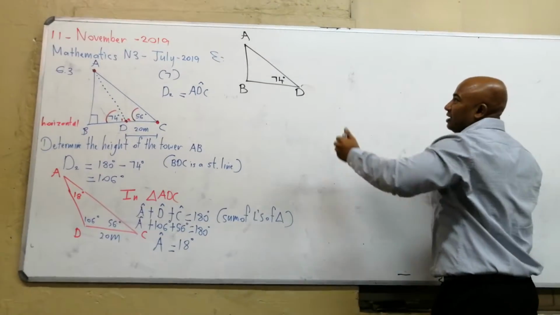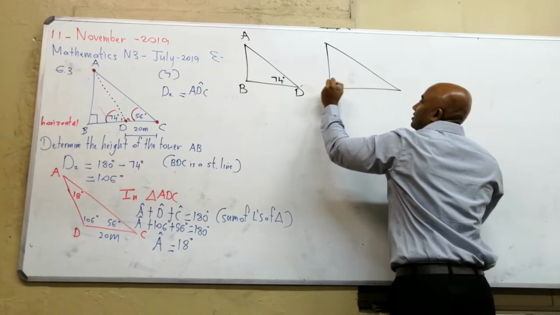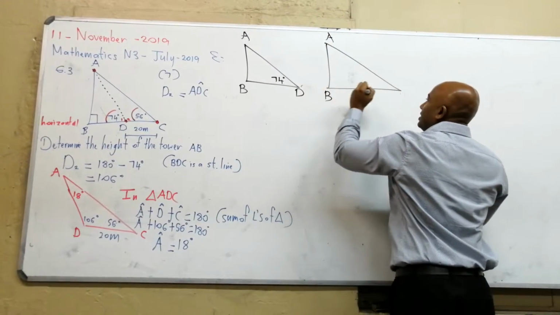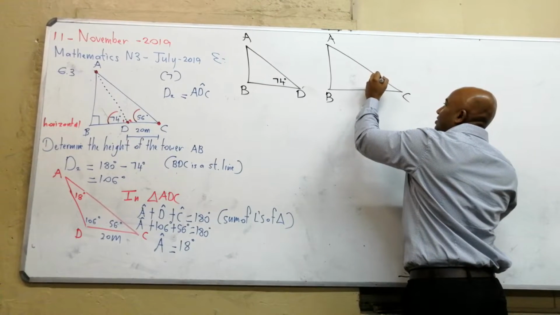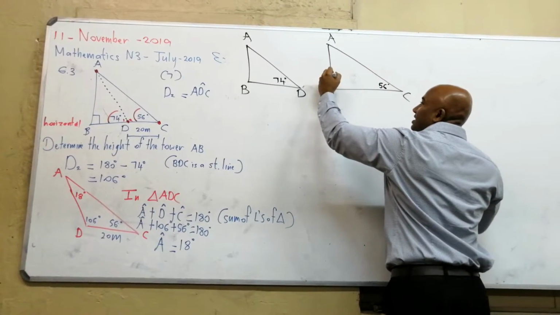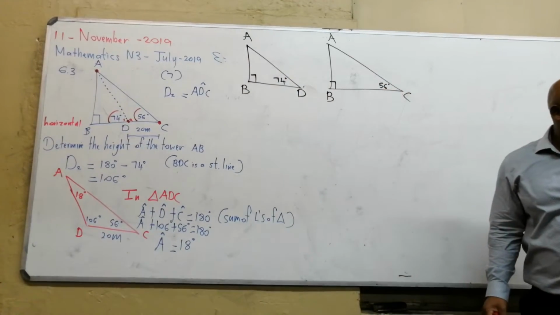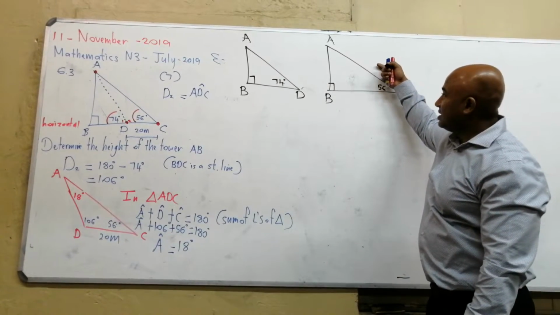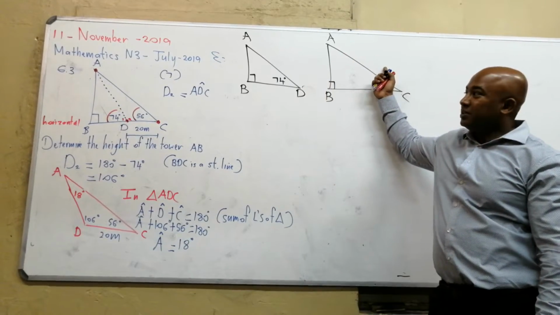But now, remember, you can also do this here. A, B, C. Because we have 56 degrees, it's still the same right angle triangle there. Can you see that? So now if I work out AC, I'll have the hypotenuse, and then I can use opposite over hypotenuse.